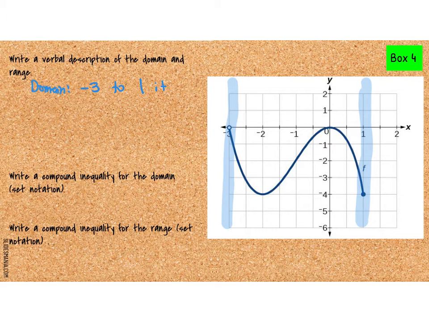It includes 1 but excludes -3, sorry, ladies and gentlemen. And the reason it excludes it is because it's an open circle. So you're like, why does it include 1? Because it's closed.